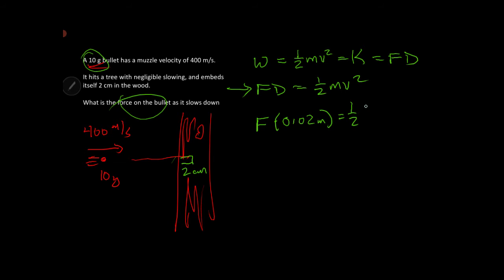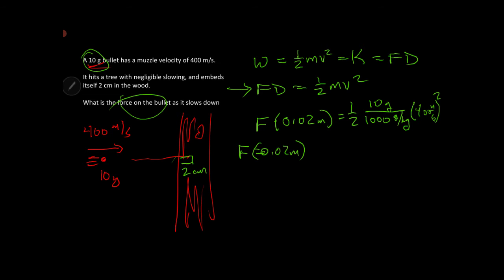So that's 10 grams over 1,000 grams per kilogram, times the square of the velocity, which is 400 meters per second squared. Okay, so we want to square that part. Then we have our force here. Let's just leave that as 0.02 meters here first.